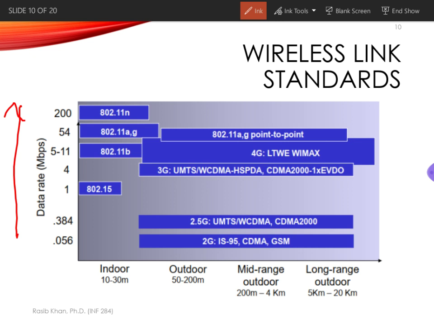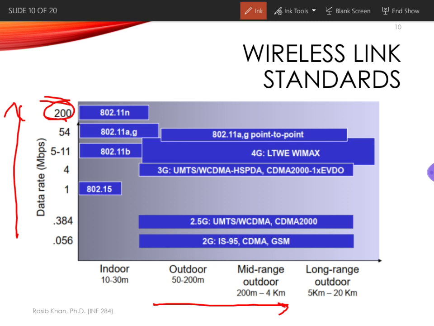So the ones which are up here are around 200 megabits per second, and the x-axis is showing the range of these particular radio links.